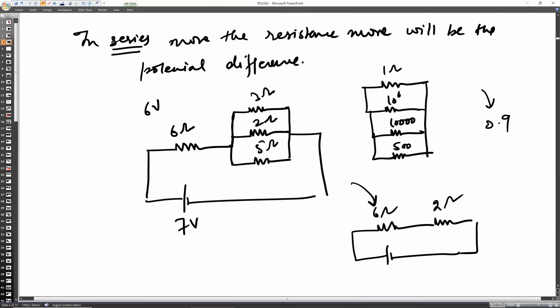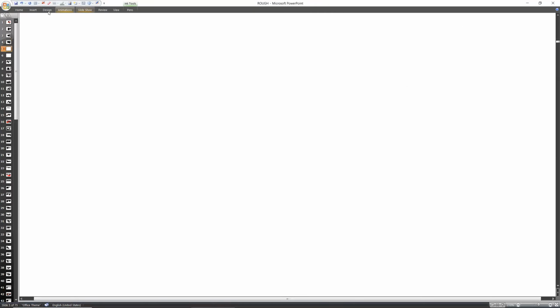Let me teach you one simple trick, dear student, for series and parallel combinations, about what you think about the resistors when you are solving them.